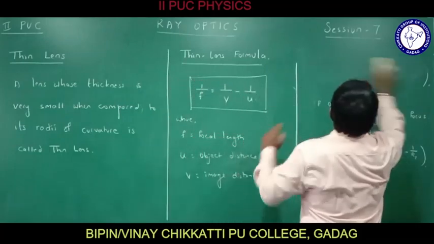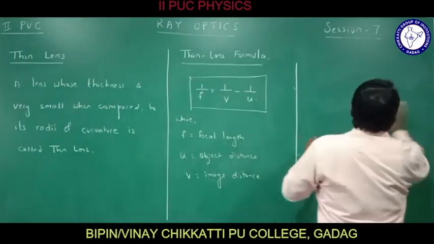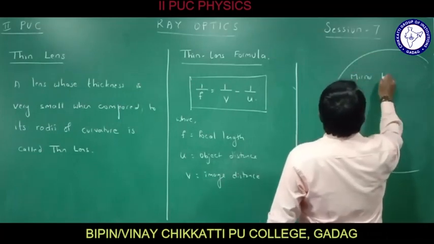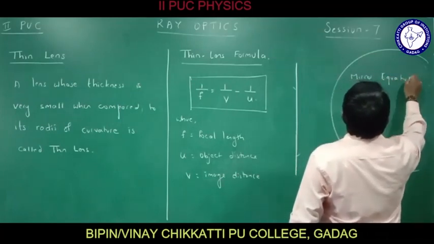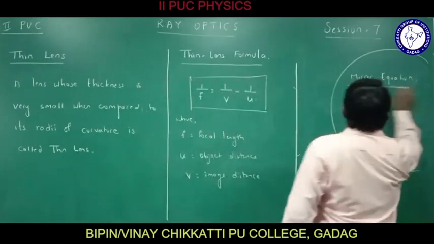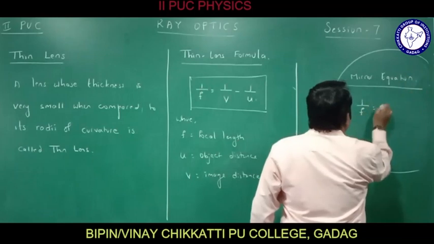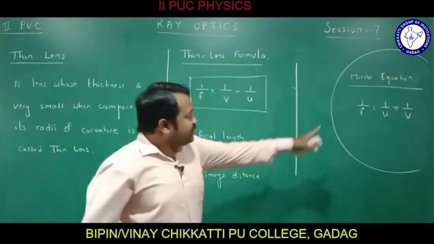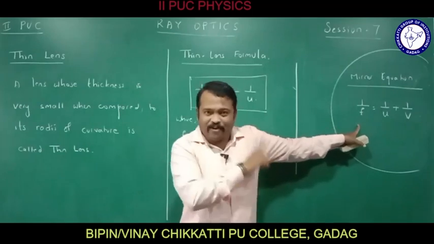Shall I remind you what the mirror equation was, so that we can study comparatively. The mirror equation that we have already dealt with: 1 by f is equal to 1 by u plus 1 by v. We have already derived it.